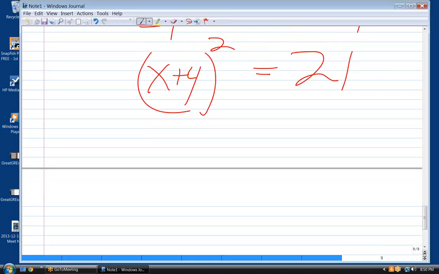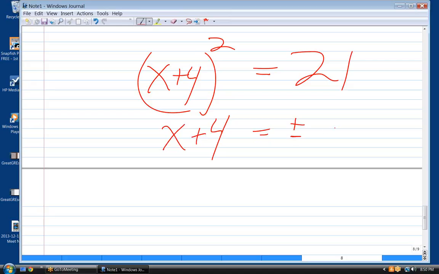How do you solve an equation when one side is being squared? Take the square root of both sides. Okay? When I take the square root of the left side, I'm left with x plus 4. When I take the square root of 21, this is very important.